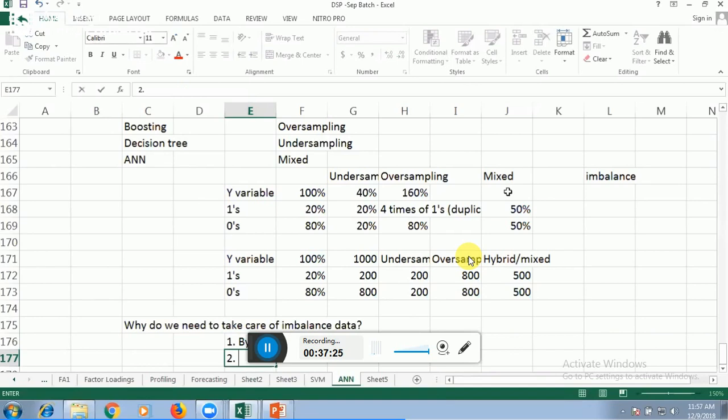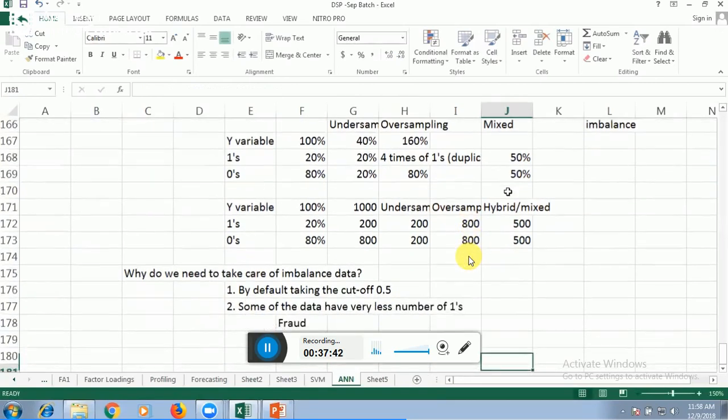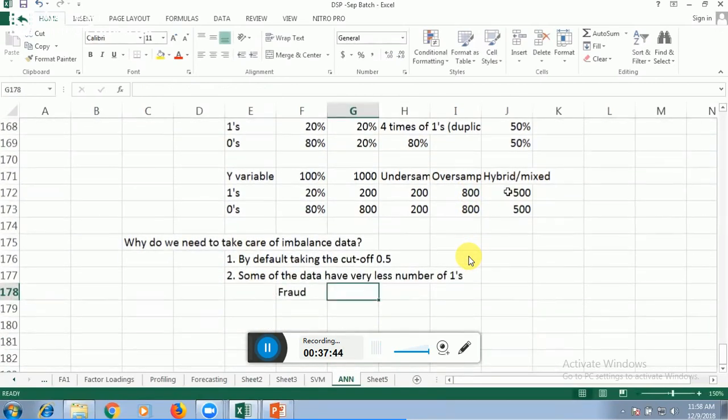The second one is that some of the data have a very small number of ones, like for example fraud data. Generally the percentage of fraud events will be very low.